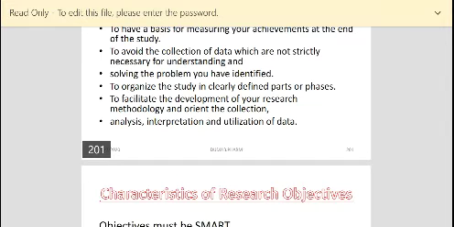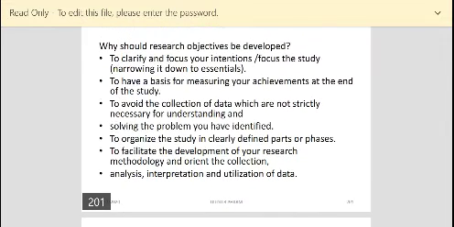You can see in this slide there are so many bullets, so it was a mistake. Some appeared on sentences which were not supposed to have these bullets. For example, the last sentence, as I read, to facilitate the development of your research methodology and orient the collection, analysis, interpretation, and utilization of data.